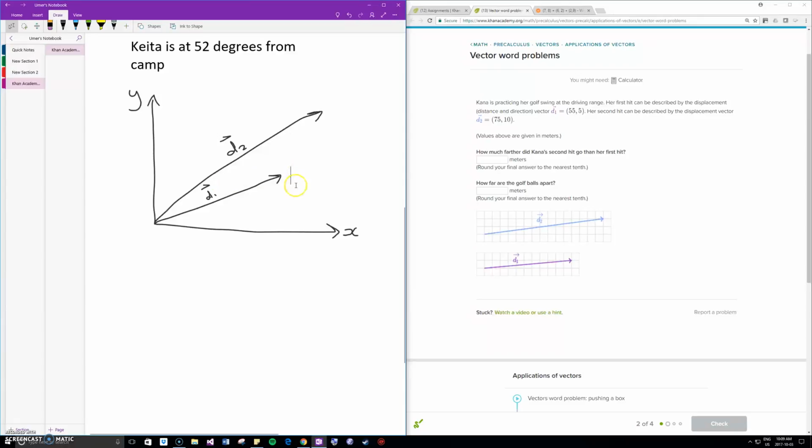So D1 is 55.5. D1 equals, alright, and D2 is over here. Here it is. D2 is 75.10.